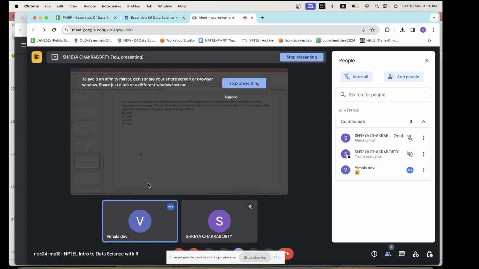Can you please type it in chat box? Absolutely not audible.